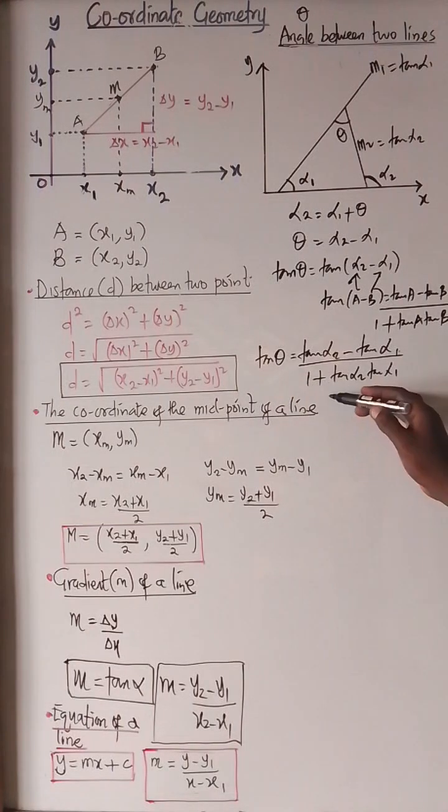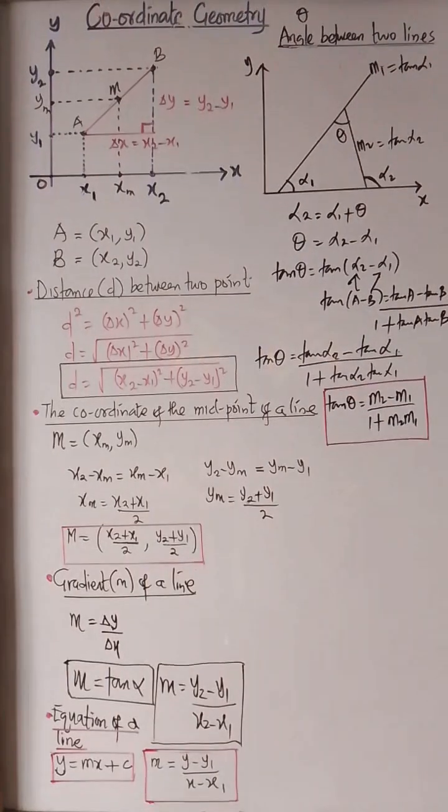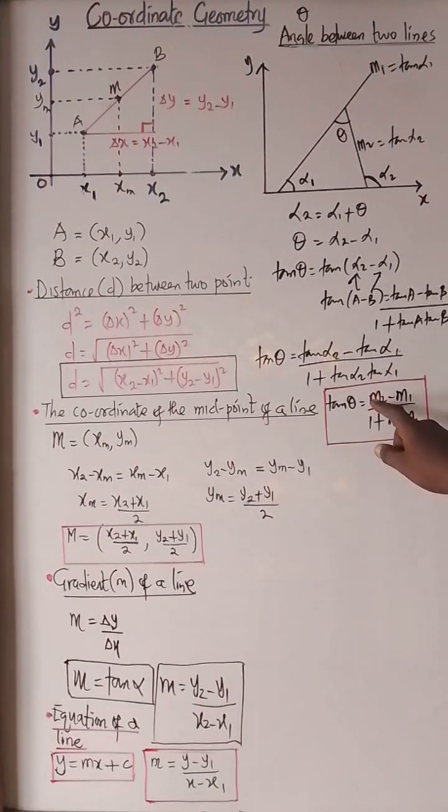So we can come back here and write that tan theta equals tan alpha 2, which is m2, minus tan alpha 1, which is m1, over 1 plus m2 multiplied by m1. And with this formula, we can always get the gradient m2 if you know the gradient m1 and the angle between the two lines.